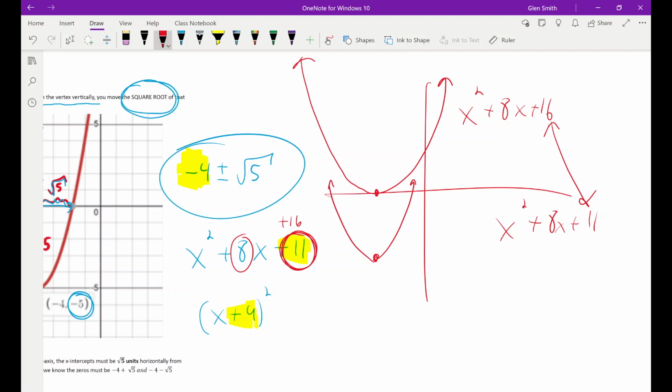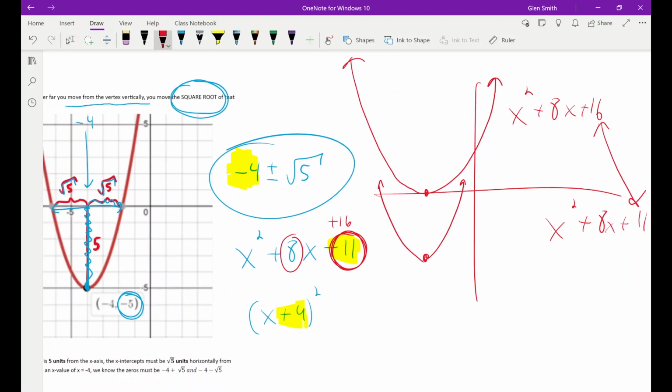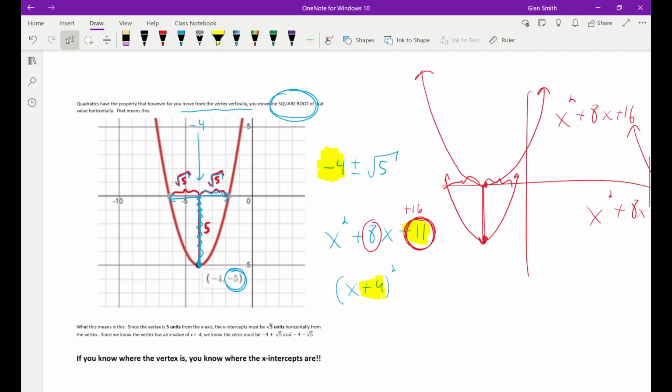Like this, opening upward. And that's why we know it got pulled down 5 to get there. But I don't care that it got pulled down 5 necessarily to find the vertex. I care that if I pull it down 5 to get here, the roots go out root 5. And that tells me this number. And that's it. That's the whole process of finding these zeros. Relatively simple. And we couldn't have started with that because you got to be able to get the vertex form first.